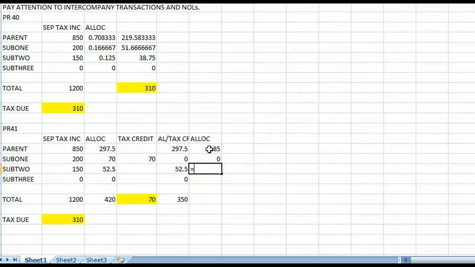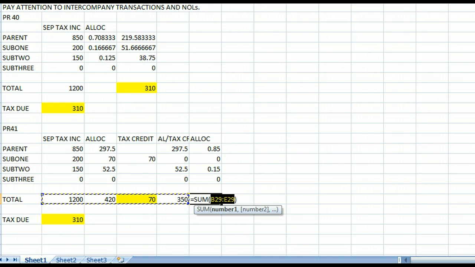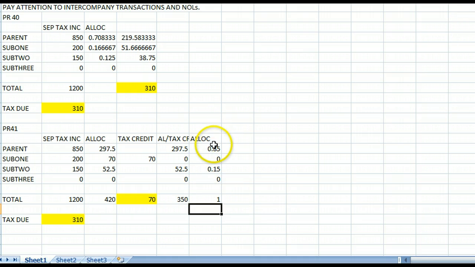We're going to take the 52.5 divided by the total of 350 and the 0 divided by the total of 350. Come down here, let's sum that up. And it should give us a 100% allocation rate. Don't need to really do that. I was just wanting to check it, but that's okay if you want to leave that total there.